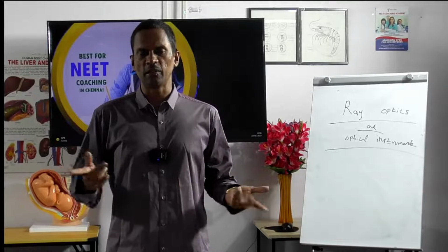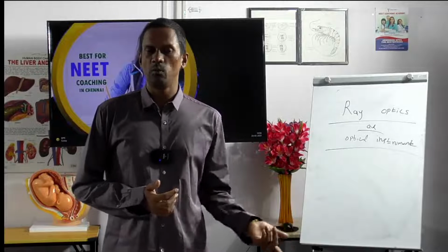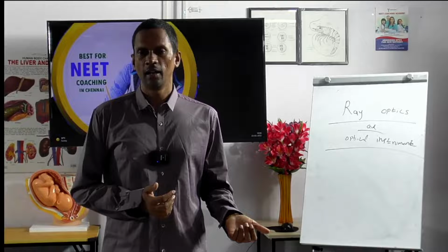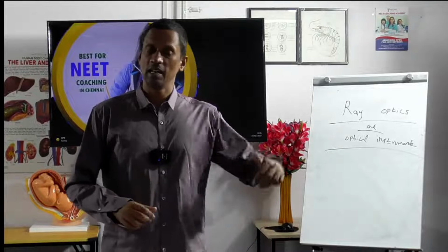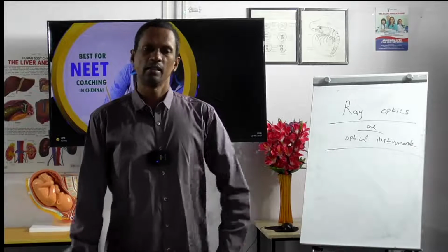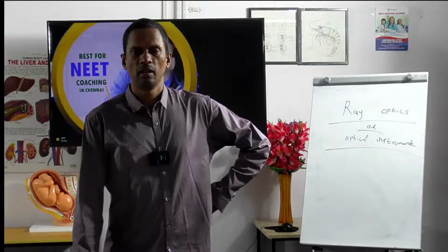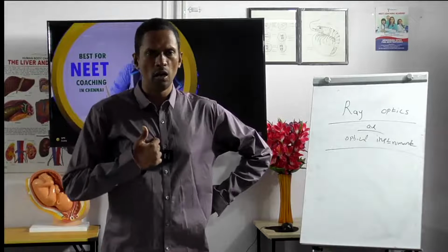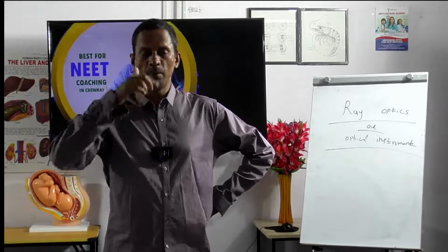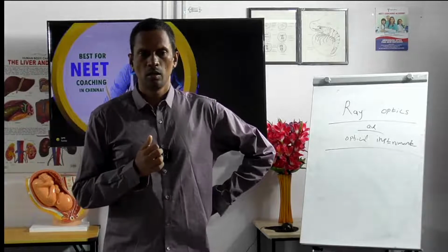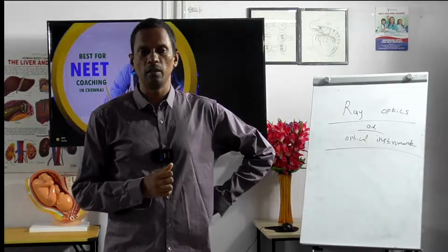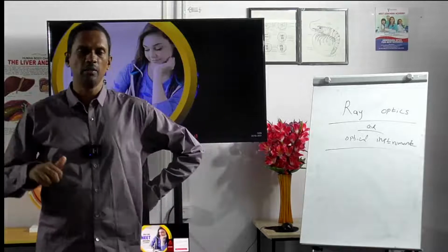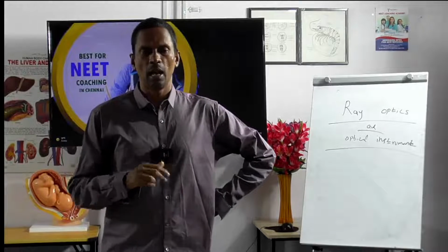So two types of things are there. But what have we seen in the lens? We have seen a lens, a ball, and an image. How many media have we seen? Two media, not three. Here we are going to see the same thing with the same prism.